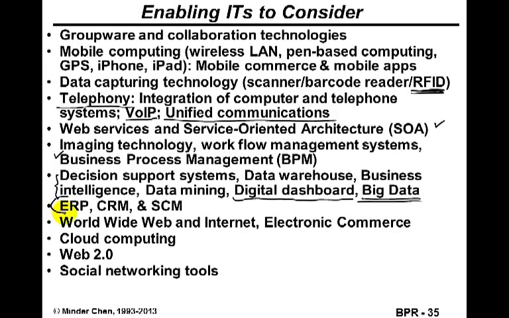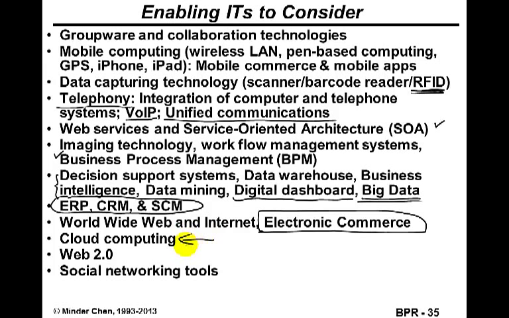Another major initiative in a lot of organizations is the use of enterprise resource planning packages, as well as customer relationship management and supply chain management software. And in this course, we also would emphasize quite a bit of discussion on electronic commerce based on World Wide Web and internet technology. Cloud computing is another emerging trend which is worth paying attention.